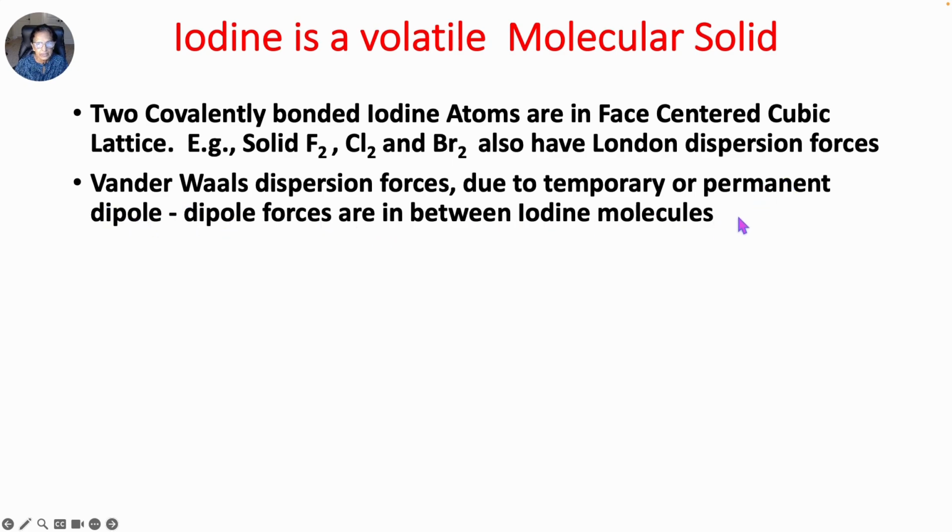These are in between iodine molecules. Temporary dipole-dipole forces originate because the electron temporarily gets displaced in the atom to one side and the other side of the atom becomes positive, so it becomes a temporary dipole. So Van der Waals forces are temporary dipole forces, and these are there in the solid halogen molecules. Because of these weak forces, they have low melting points.